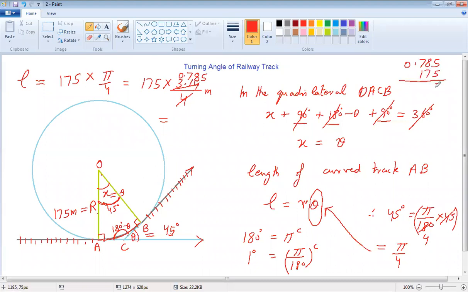So 5, 25, then 42, 39, then multiplication with 7, and finally the multiplication with 1, 785.